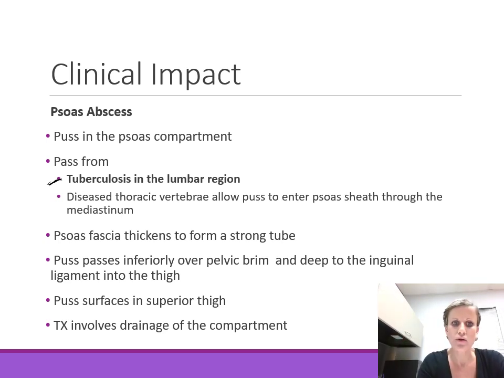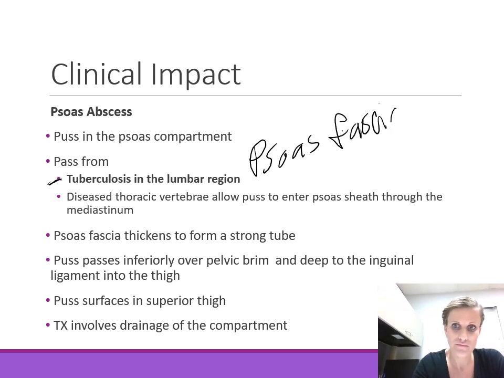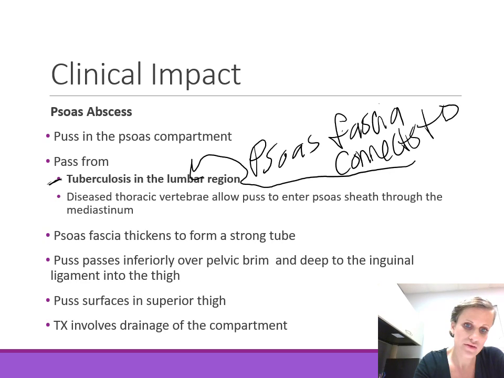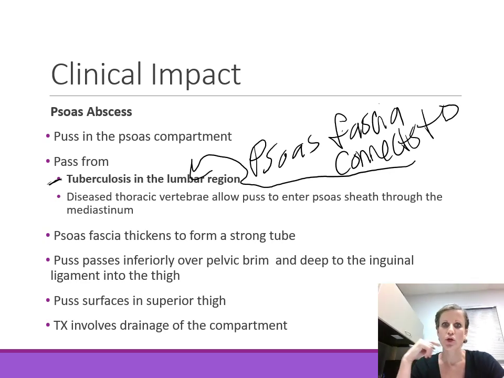When we talk about tuberculosis spreading to the psoas, this happens from the lumbar region because remember the psoas fascia connects to the lumbar vertebrae. So infection in the lumbar vertebrae can pass directly from the vertebra into the fascial sheath.